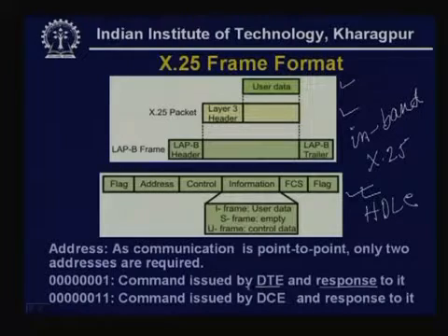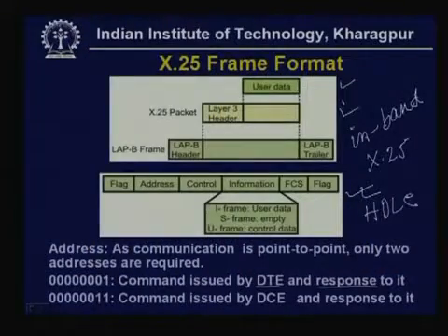On the other hand, when there is a command issued by the DCE and a response to it given by the DTE, then that is given the address 00000011. So, these two addresses are only used in the context of X.25 because it is a point-to-point communication. It is not a point-to-multipoint communication. However, as we shall see, multiplexing can be done in the data link layer. We shall consider it in detail.